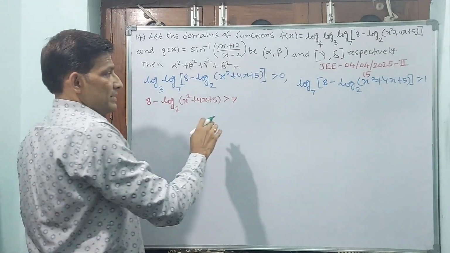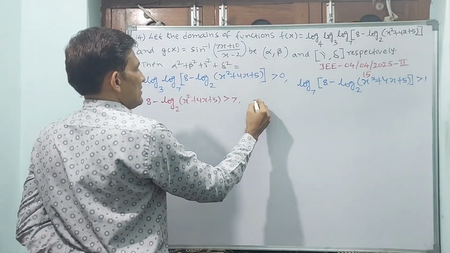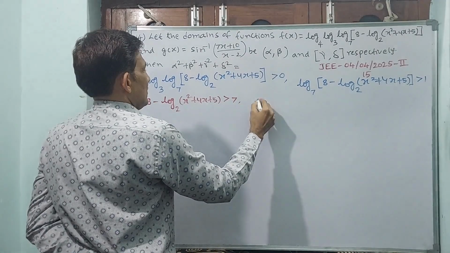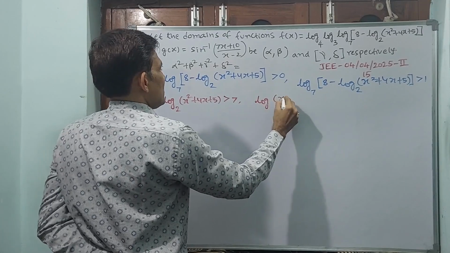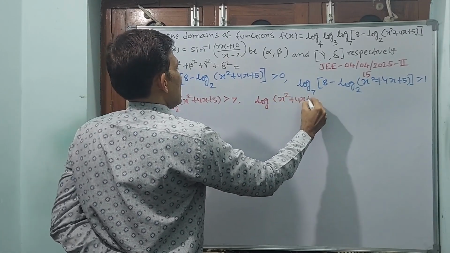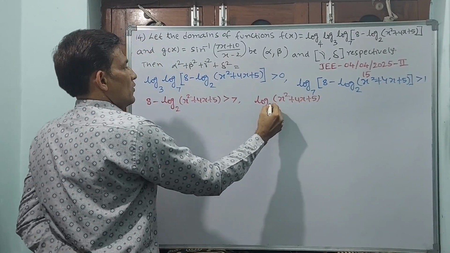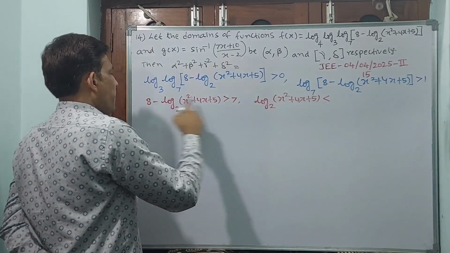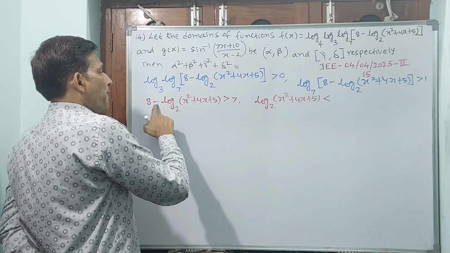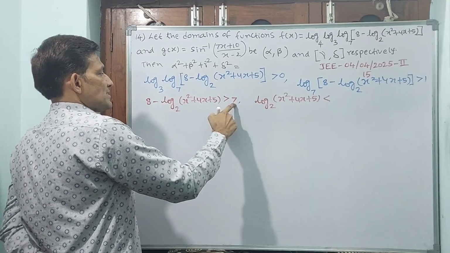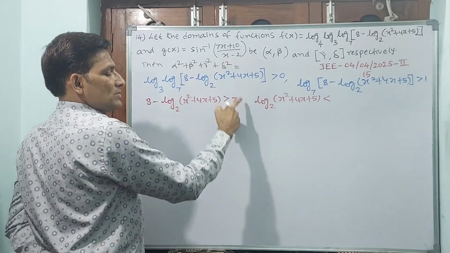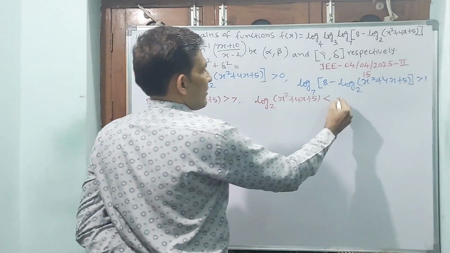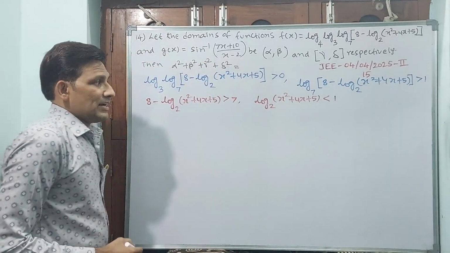If I multiply by the negative, then automatically what will happen? This will happen: log of (x² + 4x + 5) to the base 2 should be less than, minus 8 goes that side as plus 8, minus 7, 1. Less than 1.